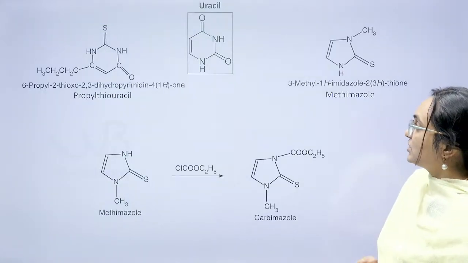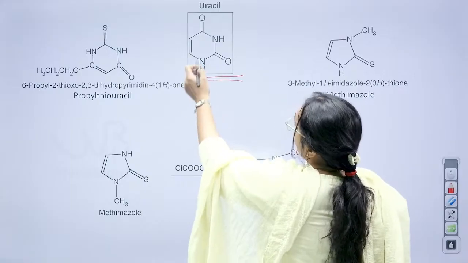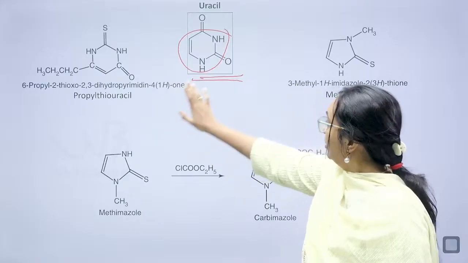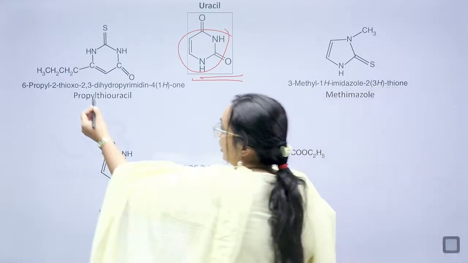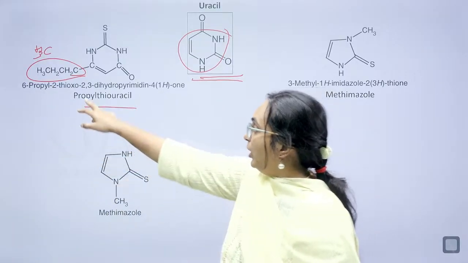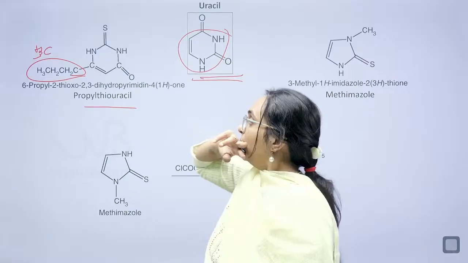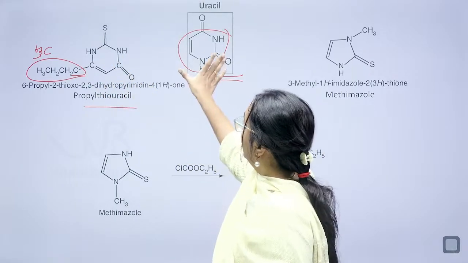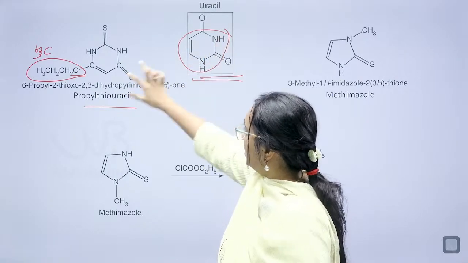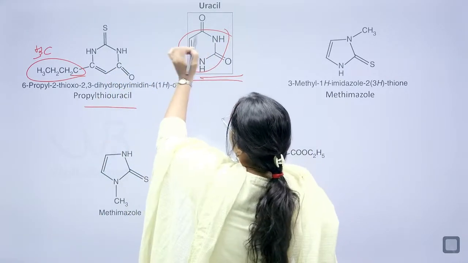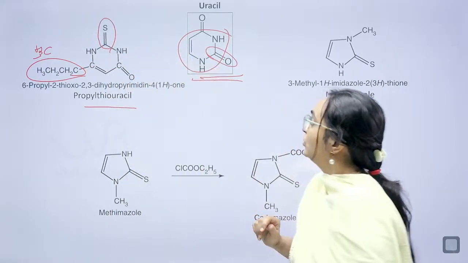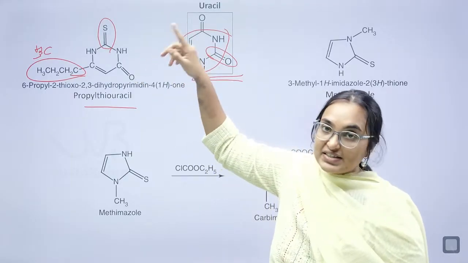If you see the important structures, uracil is a pyrimidine derivative, containing the pyrimidine ring. Methylthiouracil has a methyl group, and propylthiouracil has a propyl group, three carbons. In the uracil structure there is C double bond O, NH, N. In thiouracil, the C double bond O carbon is replaced with a thio, sulfur group.